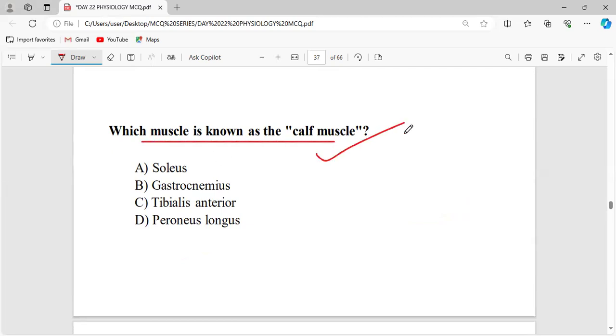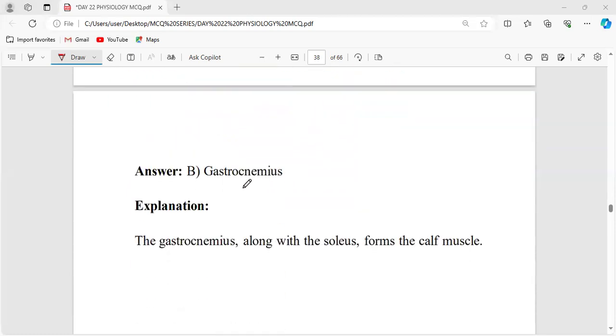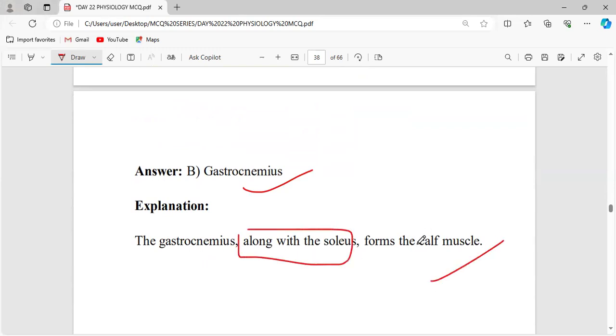Which muscle is known as the calf muscle? The calf muscle is nothing but the gastrocnemius. This gastrocnemius, along with the soleus, forms the calf muscle.